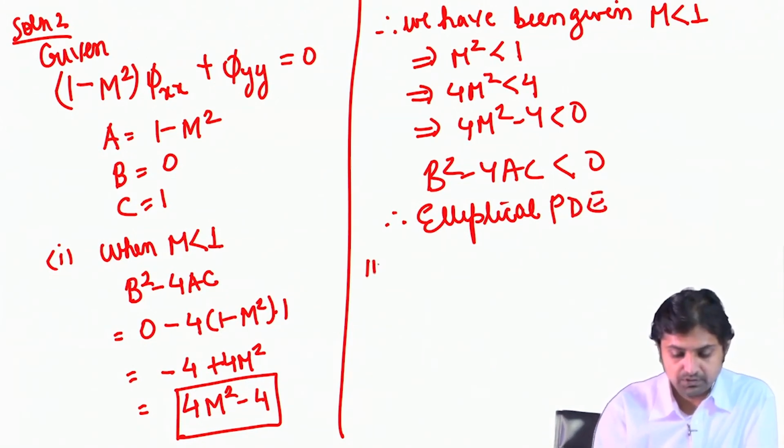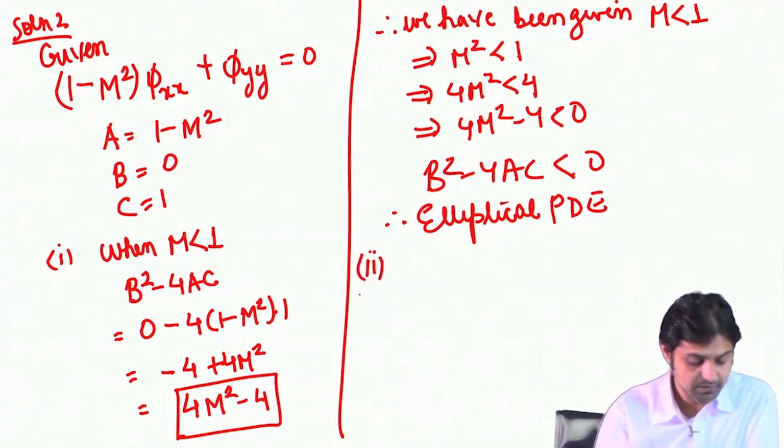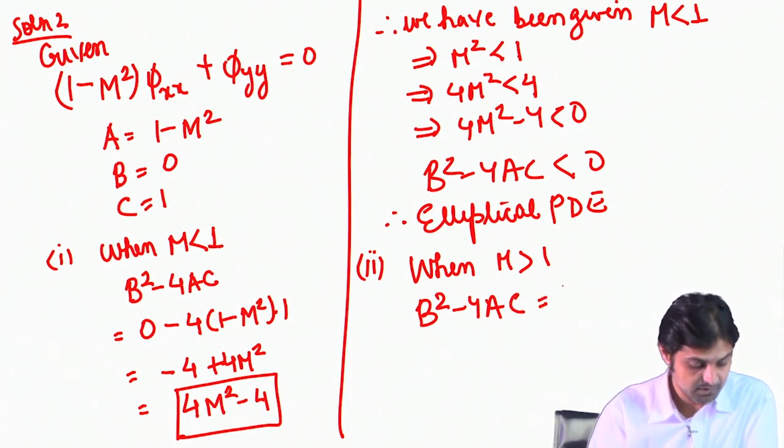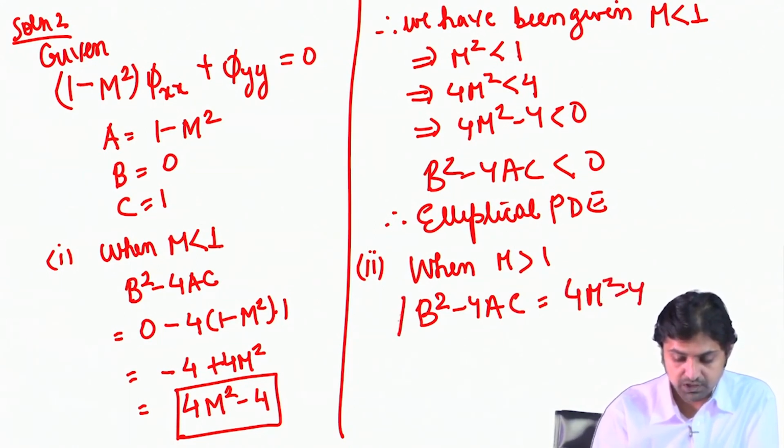All right. So in the second part, when m is greater than 1, we have found out, doesn't matter what the value, but b square minus 4ac came out to be 4m square minus 4, right?